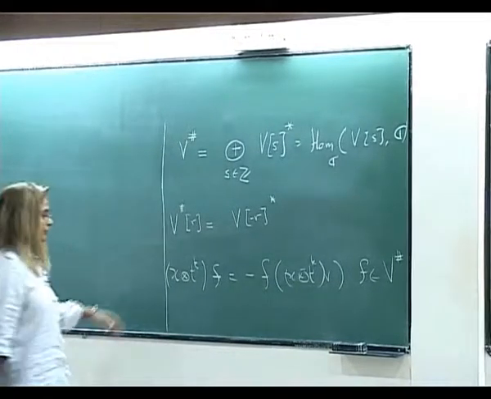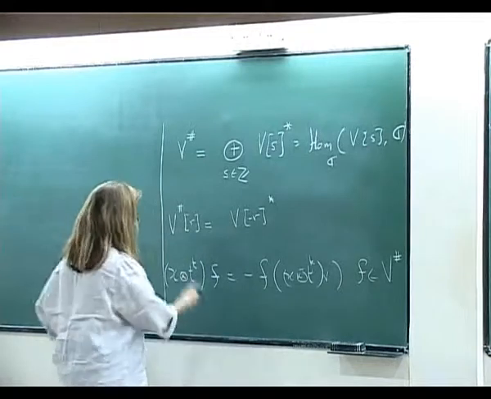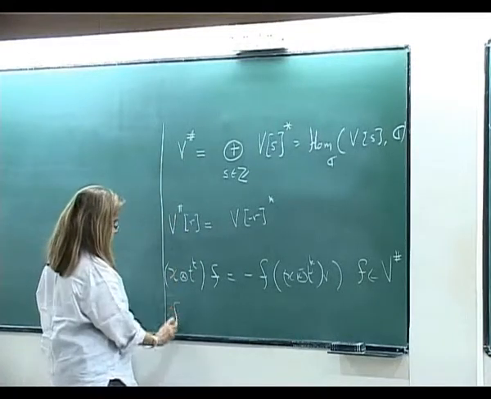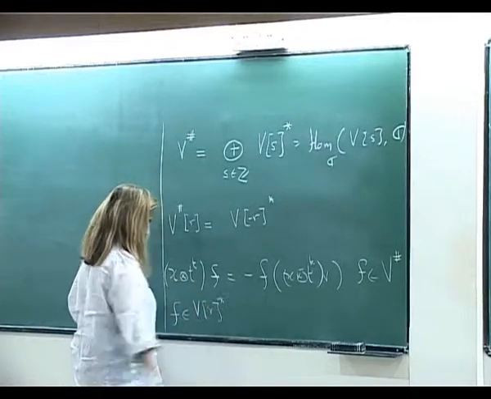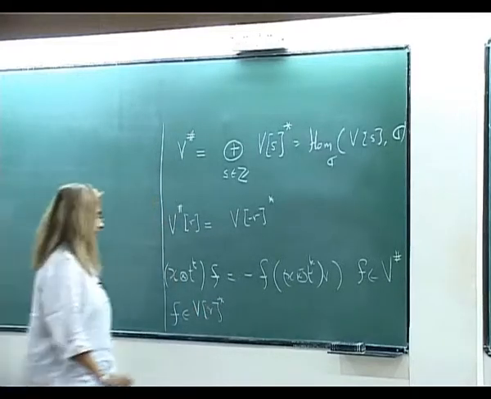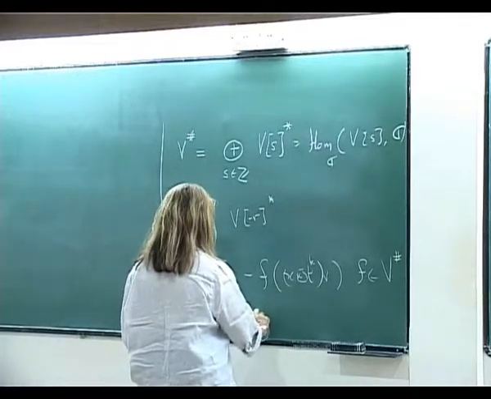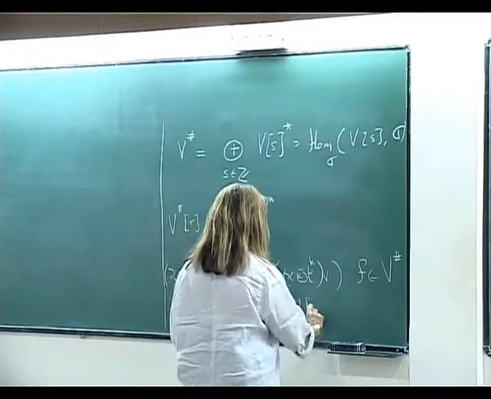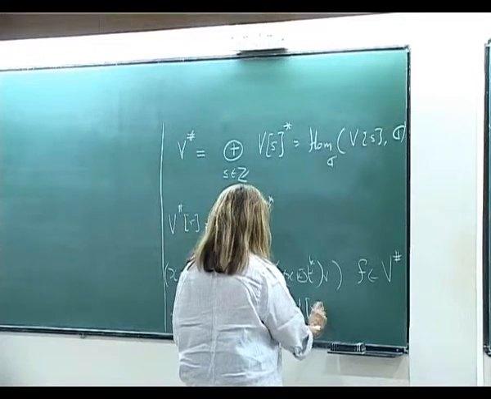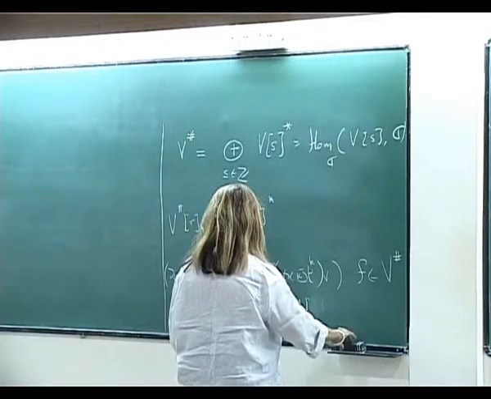So when you check that this is an action, you will see that if f is in VR star, then x tensor t power k, f will actually be in V_{k minus r} star.